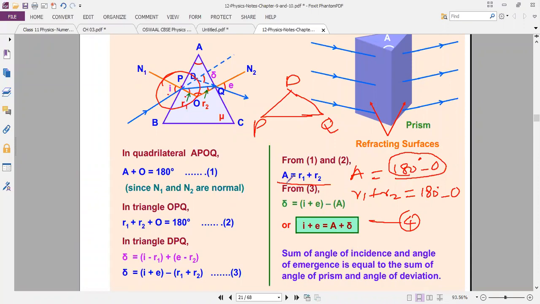That's all. The sum of incident and emergent angles is equal to the sum of the angle of prism and the angle of deviation. This statement also you should copy.